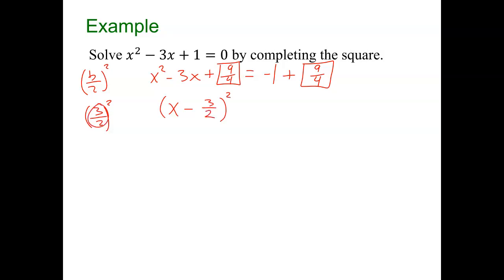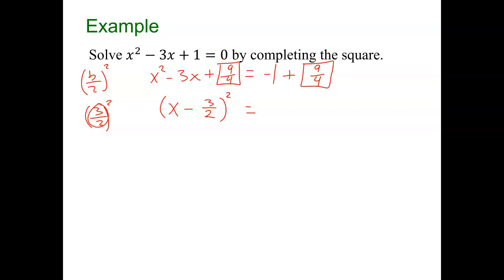Just take that before you square it. Because remember, 9 over 4 is b squared, and then we want b. So we're square rooting 9 over 4 to get back to 3 over 2. We don't need to do it because I already see it, so I just have to write it.